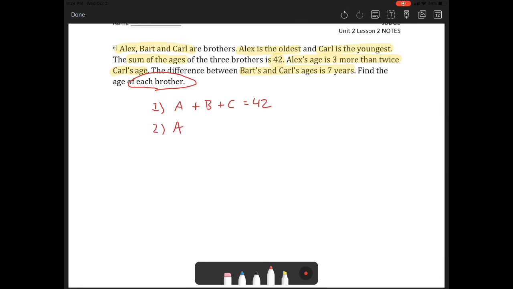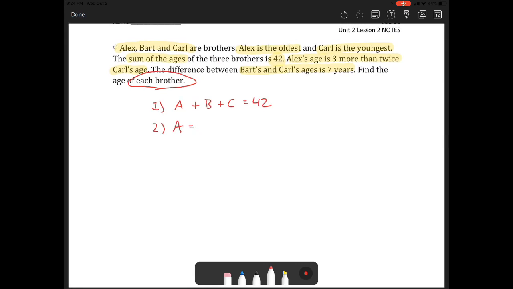So we know Alex has to equal 3 more, so plus 3, of twice Carl's age. So now we just came up with our second equation. Now we have one more. The difference between Bart and Carl's age is 7. So our third equation is going to be Bart minus Carl is going to be 7.